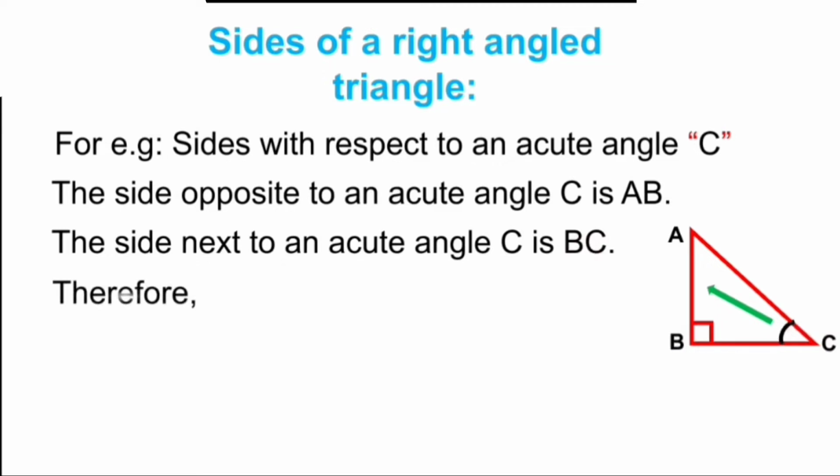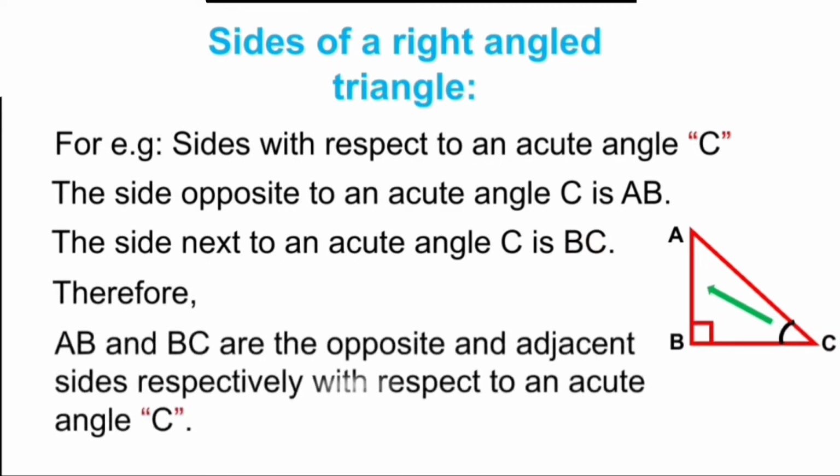Therefore, the sides AB and BC are the opposite and adjacent sides respectively with respect to an acute angle C. From this, we can conclude that the opposite and adjacent sides of a right angle triangle change as per the acute angle.